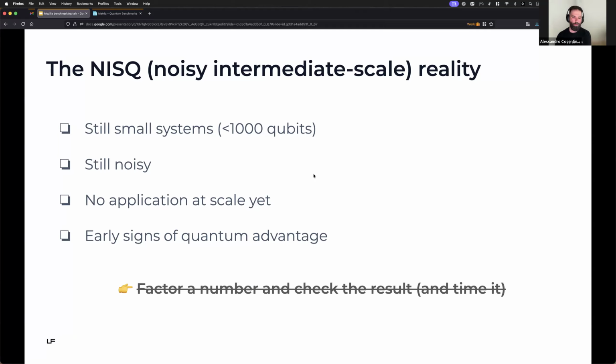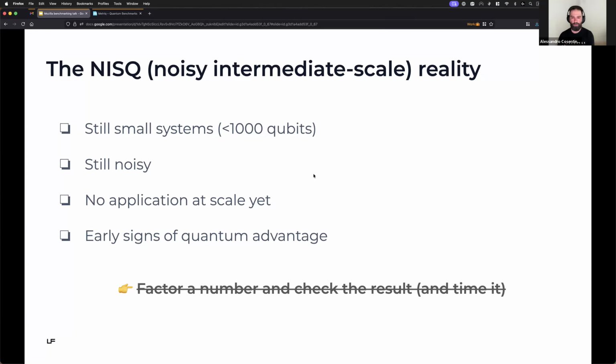So in terms of benchmarking, you may all know that one reason why quantum computers are exciting is that you may be able to factor a very large number in much smaller time than you can with classical computers. But at the stage where we are now, you cannot just throw the number there, ask the machine to factor, check the result, and see if the product is actually the number you wanted to factor.